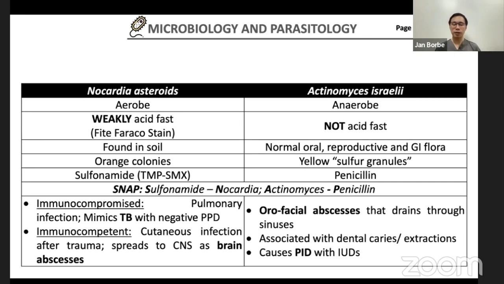In terms of treatment, again, don't be confused. This is just a generalization. Meron tayong acronym na SNAP. Sulfonamides, like cotrimoxazole for nocardia, and actinomyces, you can give penicillin. Okay? But again, this is not an all-encompassing treatment. That's the difficult part siguro sa treatment ng micro, because sometimes sa micro, they just give general na recommendations.